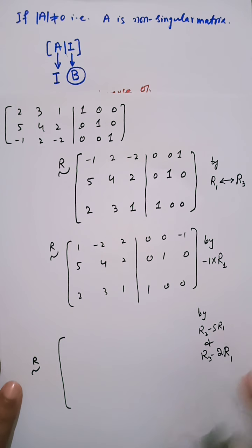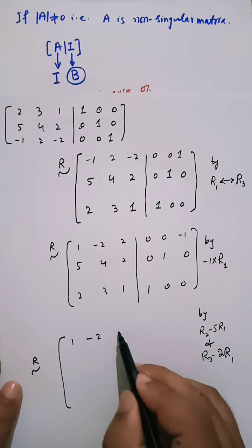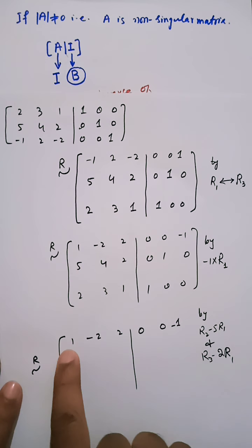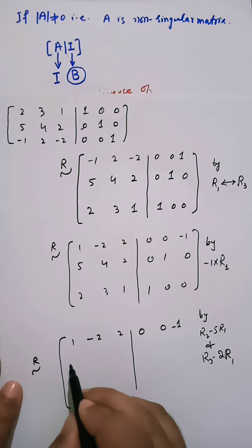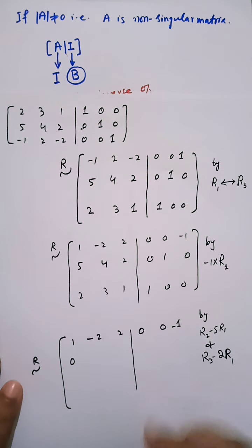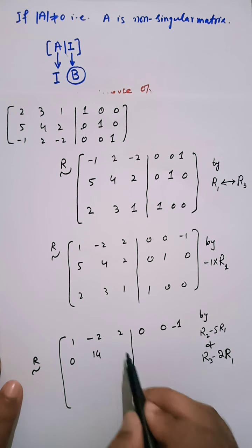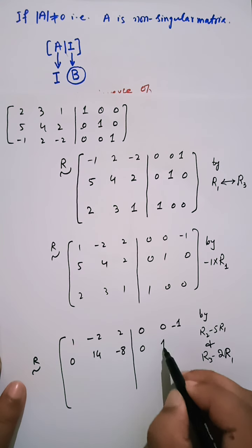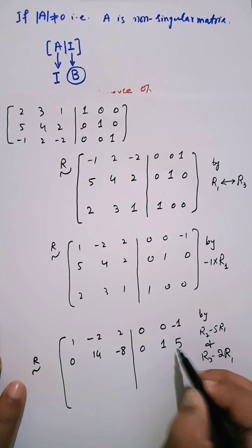So write it as it is. Multiply -5 with this and subtract from this 5, so you will get 0. Multiply -5 with this and 4 minus -10, so you will get +14. Similarly, from here you will get -8, from here you will get 0, from here you will get 1, from here you will get 5.